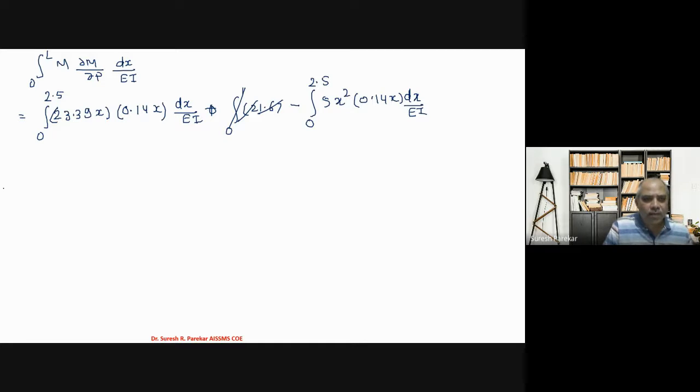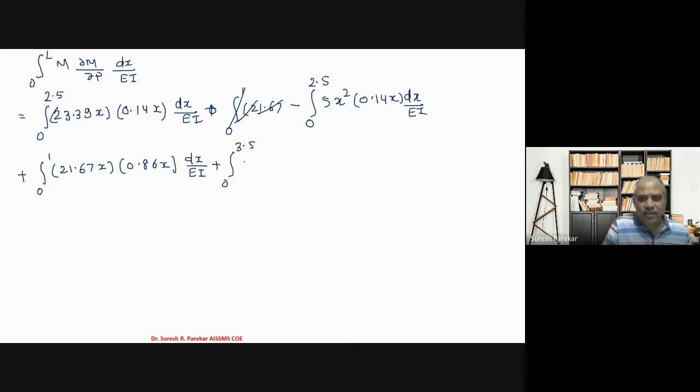Then the third term, from 0 to 1, is 21.67 into x into 0.86x dx upon EI. Then the last term is between 0 to 3.5.